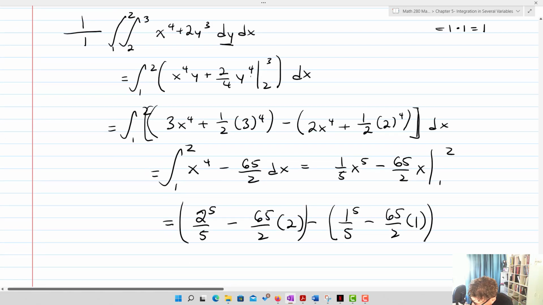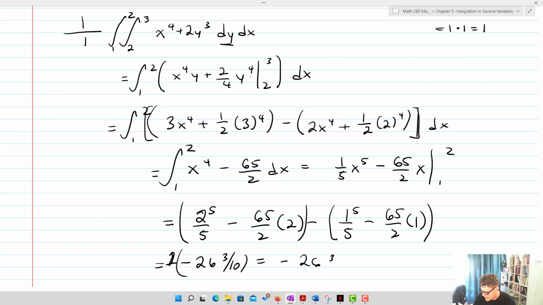Then we'll evaluate that, and what we end up with is negative 26 and 3/10. Now remember, we just multiply that by 1 because that is the area. So our average value is negative 26 and 3/10, or negative 26.3.